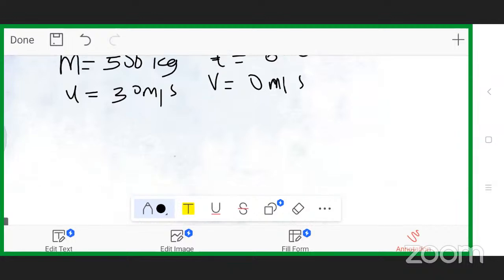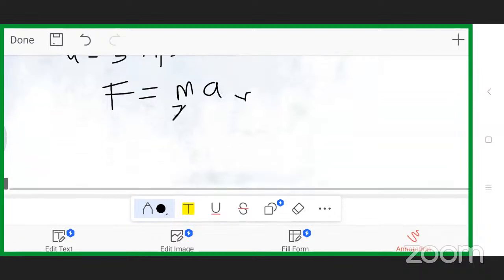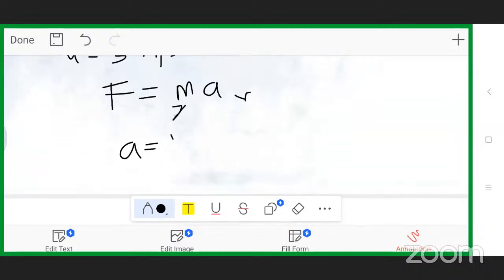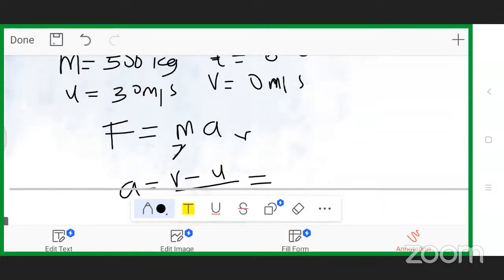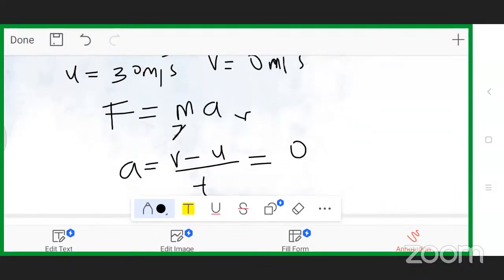So let's do it systematically. We know that the force is given by MA, from Newton's second law. We have the mass of the body, so we need to find the acceleration. Acceleration is given by the rate of change in velocity, V minus U over T. V is the final velocity, so don't alter, just write it the way it is: 0 minus U, which is 30, divided by T, which is 6.